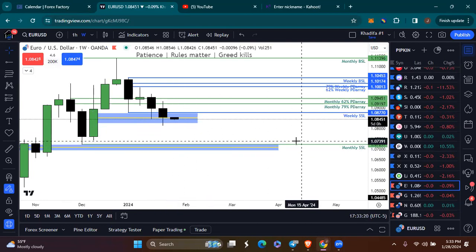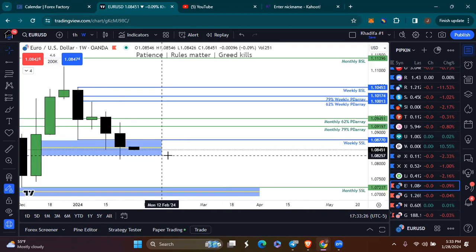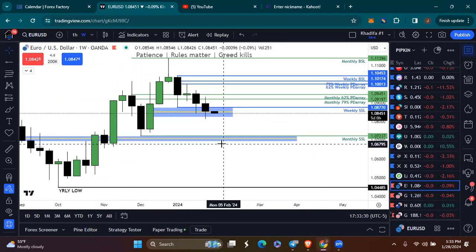I'm strongly favoring running this sell side liquidity here for EURUSD, because we know EURUSD is inversely correlated to the dollar.